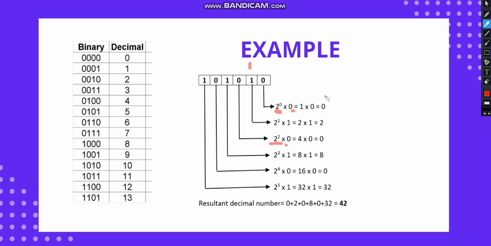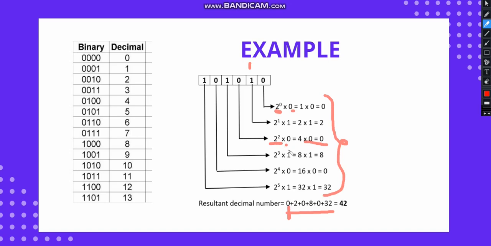We are going to multiply every digit and then at the end we will add them all. As you can see, 0 into any number is 0, so here we have 0. Then 2 to the power 1 into 1 is equal to 2 into 1, which is 2. Then 2 to the power 2 is 4, but it is multiplied with 0, so we get 0.